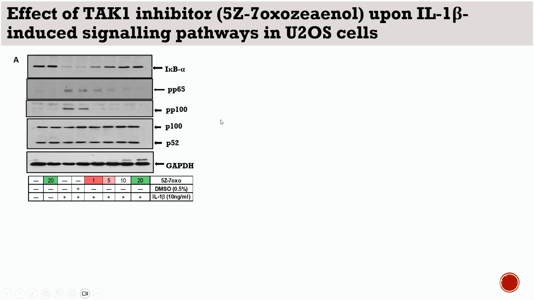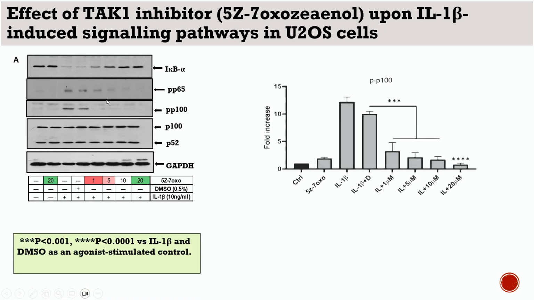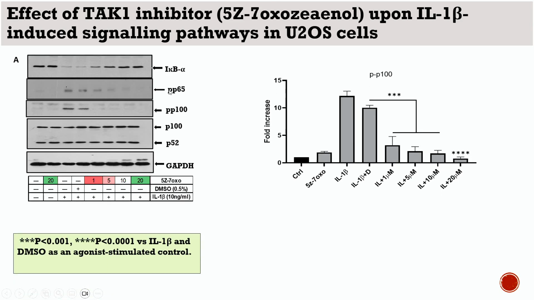On the signaling pathways, as we can see in panel A, 5Z-7-oxo significantly inhibits p100 phosphorylation, starting in the low micromolar range. The inhibitor also inhibits the components of IKK beta signaling, p65 phosphorylation, and reverses IkB alpha degradation.